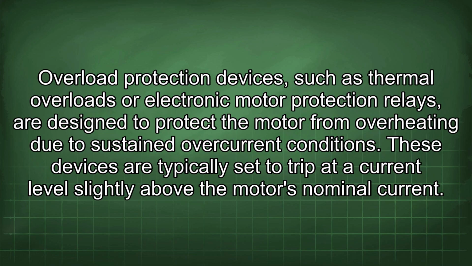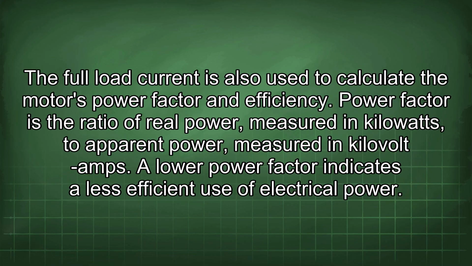Overload protection devices, such as thermal overloads or electronic motor protection relays, are designed to protect the motor from overheating due to sustained overcurrent conditions. These devices are typically set to trip at a current level slightly above the motor's nominal current. Full load current is also used to calculate the motor's power factor and efficiency.